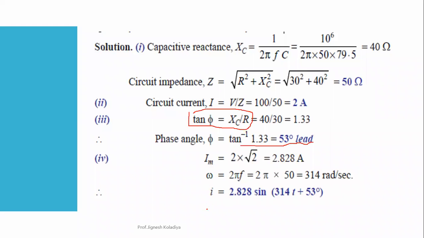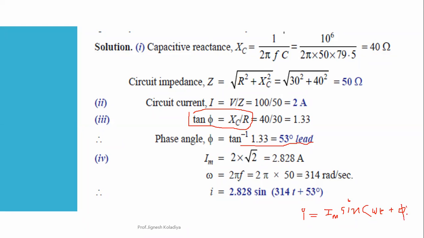Okay, so let us see. First of all, the equation for instantaneous value of current is in general form. It is written in case of RC series circuit, Im sine omega t plus phi.